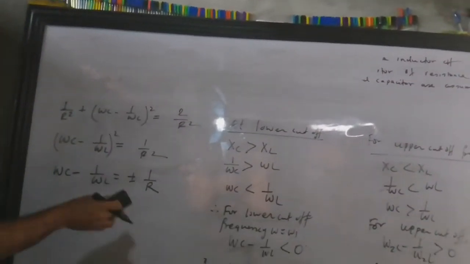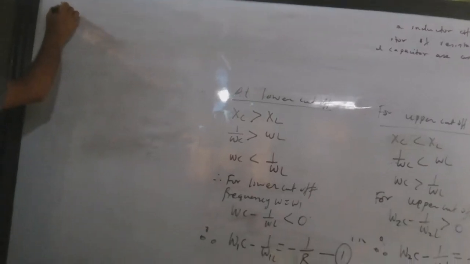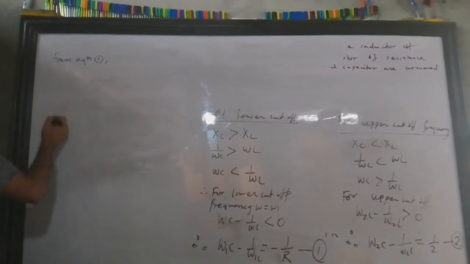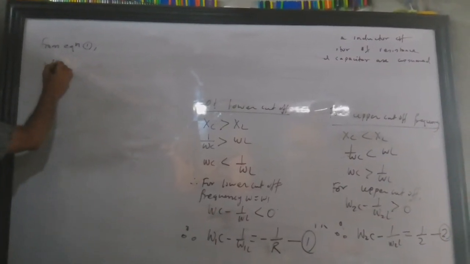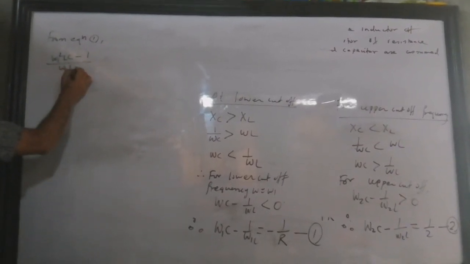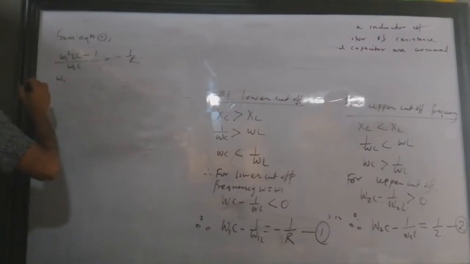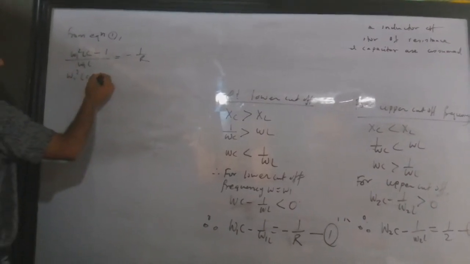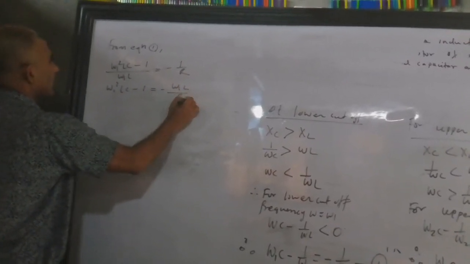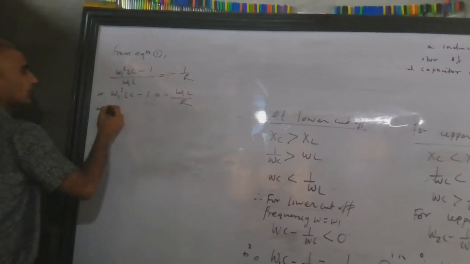Now I am going to solve the first equation. From equation 1, we just take the LCM: omega 1 squared LC minus 1 over omega 1 L equals minus 1 by R. So omega 1 squared LC minus 1 equals minus omega 1 L upon R. Now I don't require this LC here, it looks untidy, so I'll divide by LC on both sides.